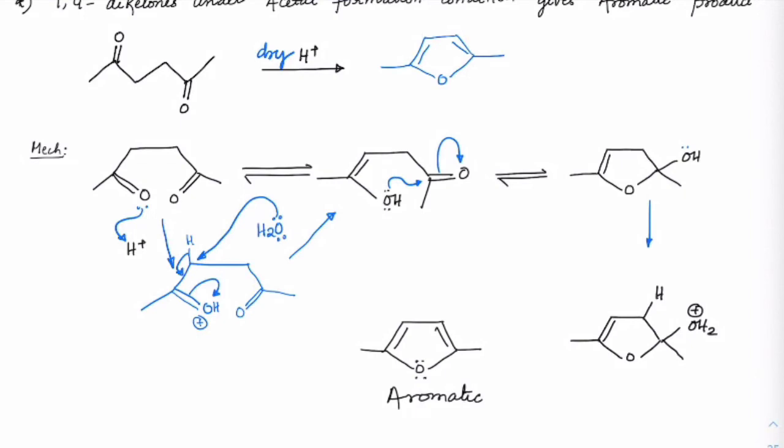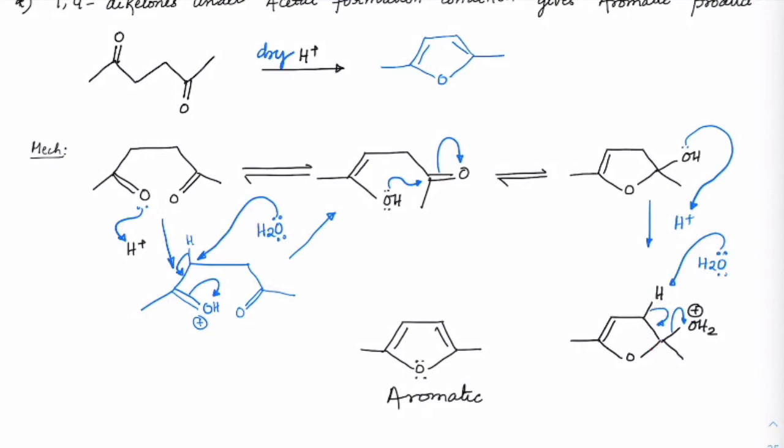Once you get this hemiacetal formation in the presence of H plus, it will get protonated. Once it gets protonated, again H2O as a base will extract this proton and this would form a double bond here and H2O will leave. The motivation for this elimination is to retain the aromaticity.